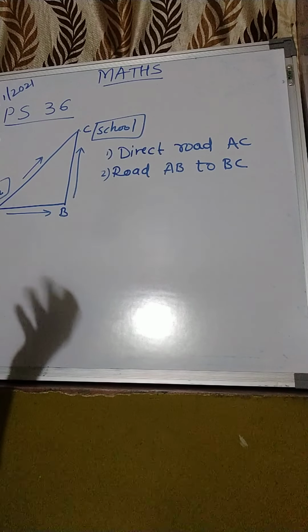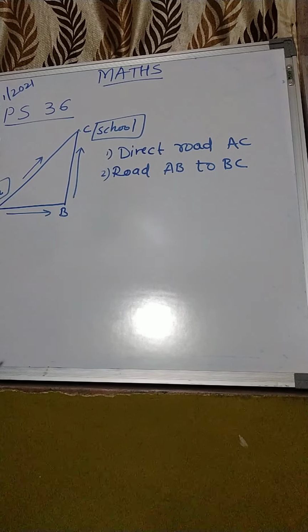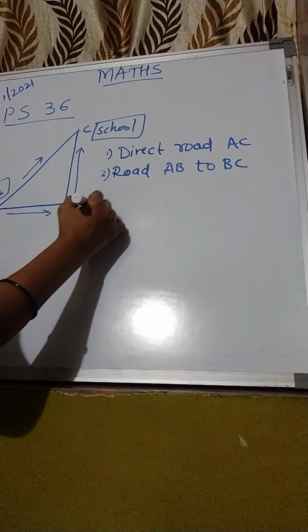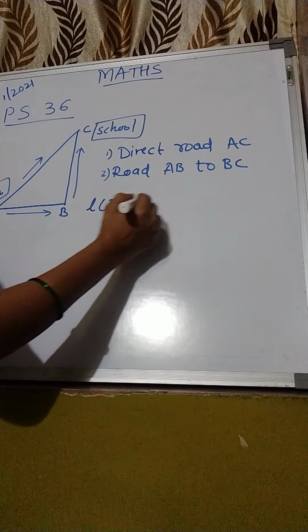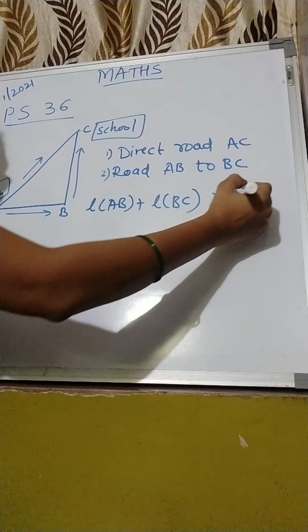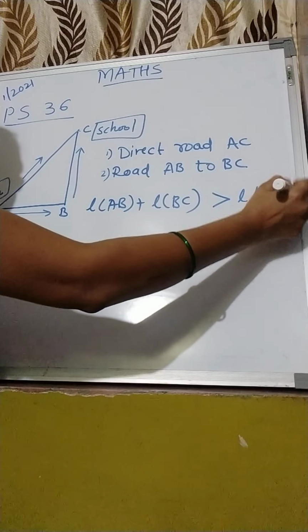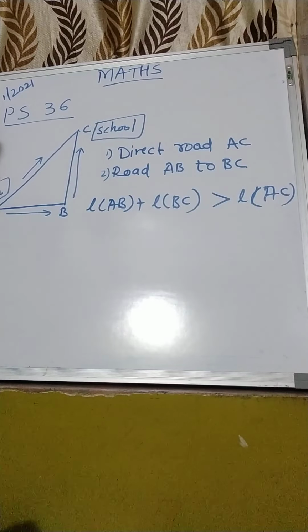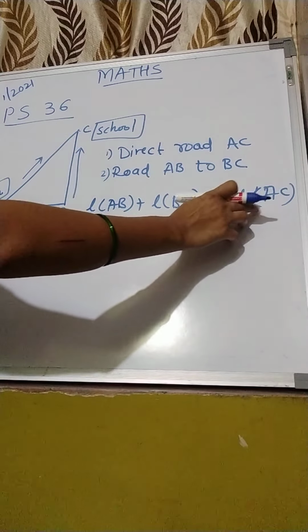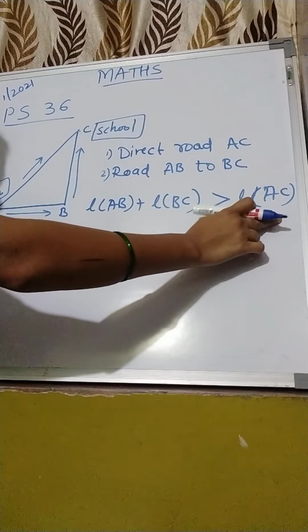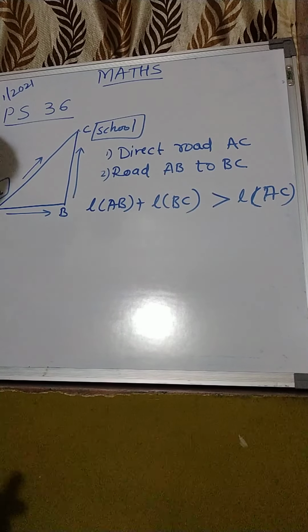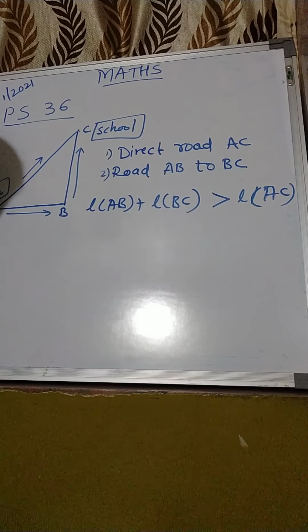If I am adding length AB plus length BC, then it is always greater than length AC. And we want what? The shorter route. So obviously, this length AC is shorter. That's why road AC is the shorter route. Understand?